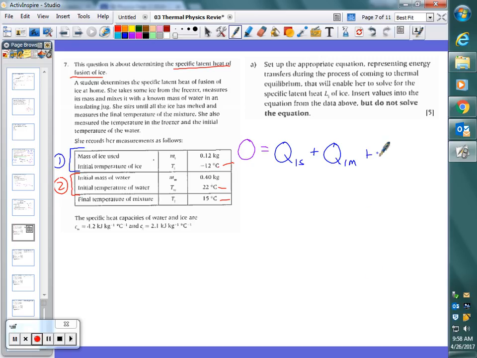Then, that heat that it has to continue to gain to go from 0 degrees Celsius up to 15 degrees Celsius, plus the heat that the water already in the cup has to lose, but it's still always going to be a liquid. Does that make sense so far?